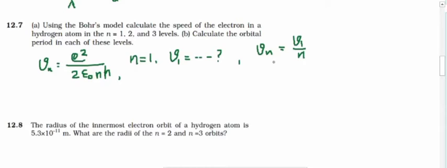Now substituting the values of n, you can find the value of V2. V2 is equal to V1 divided by 2, and V3 is equal to V1 divided by 3. So you can find the value of V2 and V3.